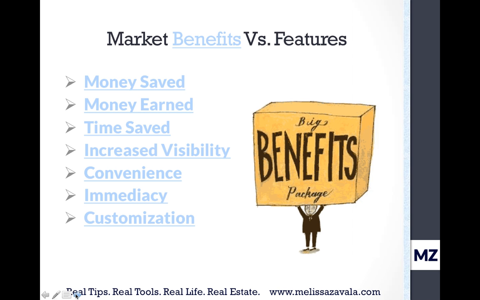Customization. People are wild when they hear the word custom. So if you can create a custom 25-point marketing plan to sell their house using your exclusive VIP sellers program, that language helps convert people to contact you very easily.